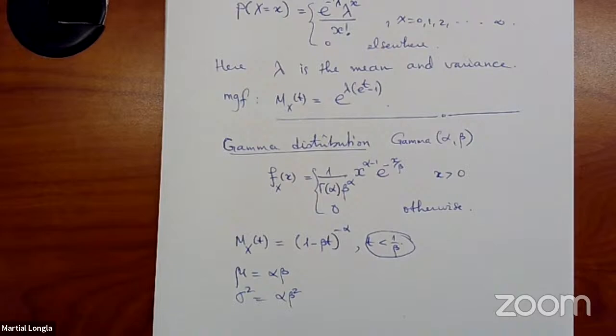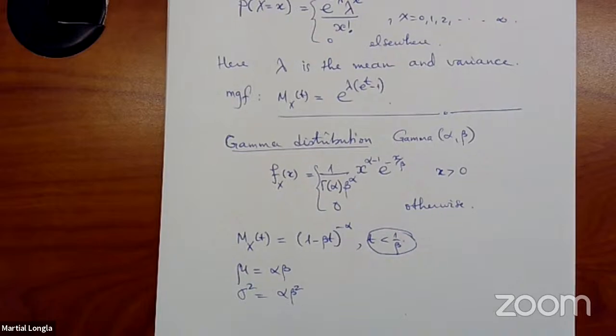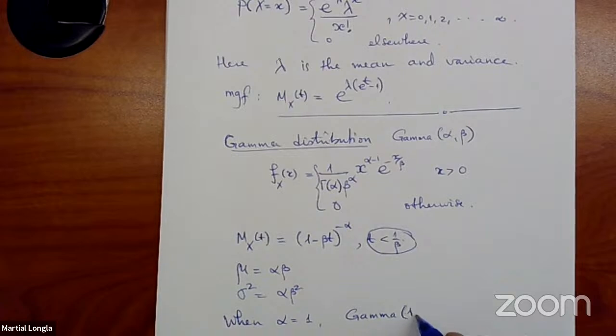When alpha is equal to 1 for this distribution, you obtain the exponential distribution that we discussed earlier. So when alpha equals 1, gamma(1, beta) is exponential(beta).